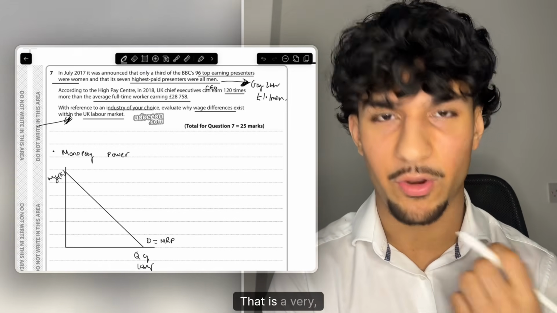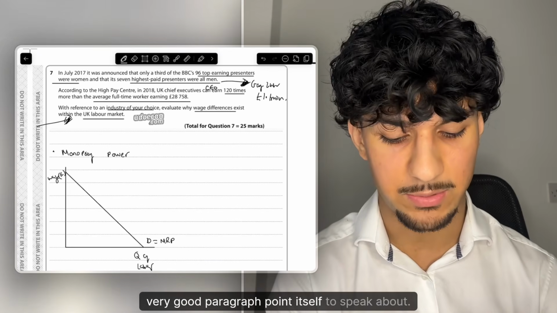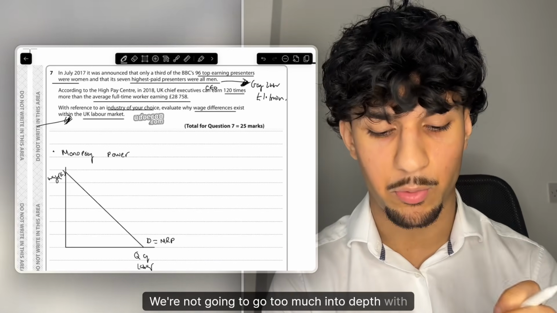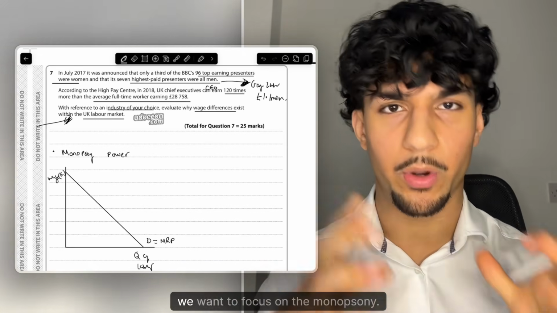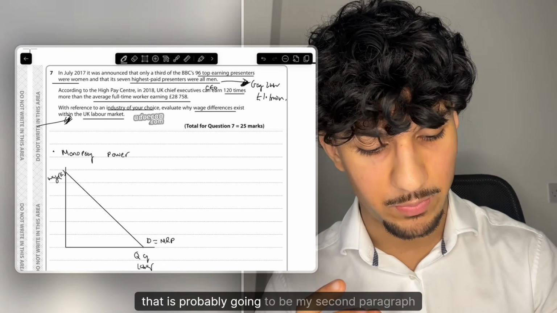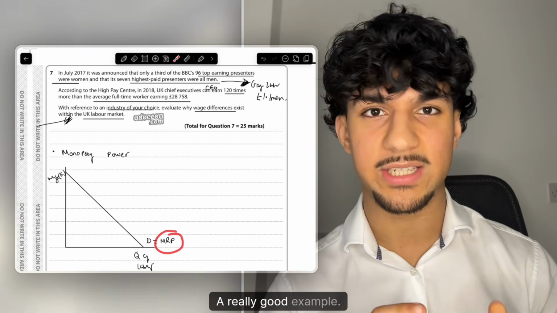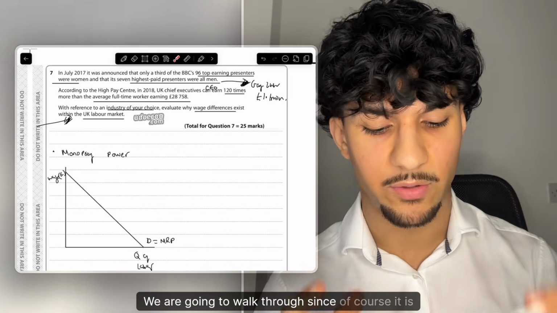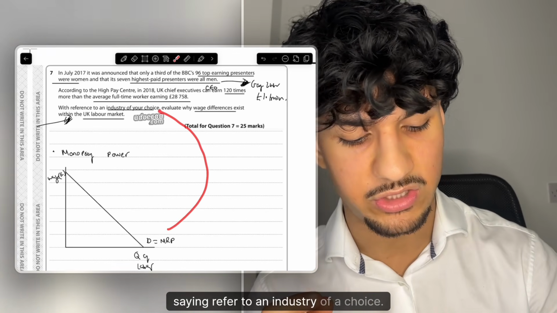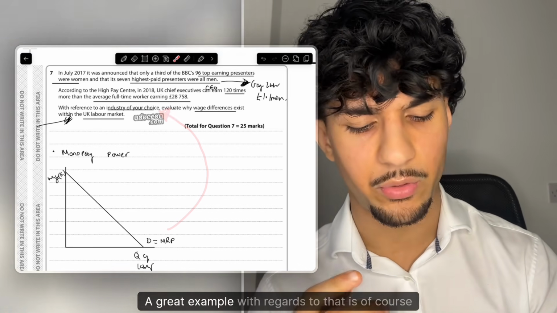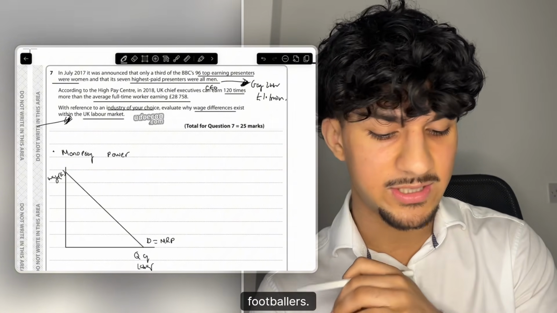Now that is a very, very good paragraph point itself to speak about. We're not going to go too much into depth with it in this paragraph, since of course we want to focus on the monopsony. Well, that is probably going to be my second paragraph point. A really good example we are going to walk through, since of course it says to refer to an industry of your choice, is footballers.